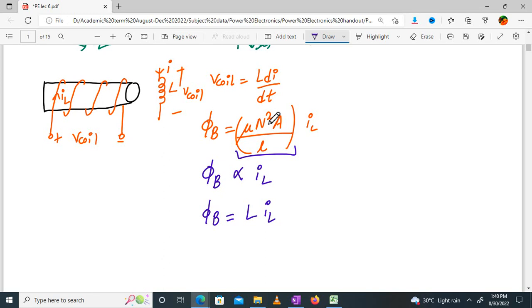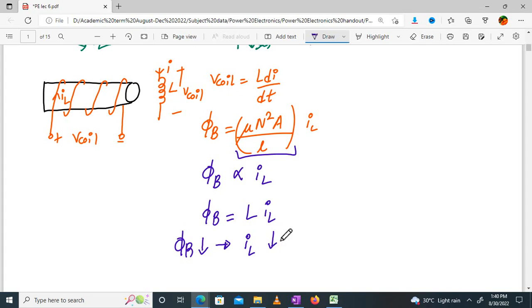Now when the current has reached the maximum value, it will give away the energy back, return the energy. When it is returning the energy, it is defluxing. When it is defluxing, your phi B is reducing. If phi B is reducing, L is a constant, right? What will happen to current flowing through the inductor? It will reduce.